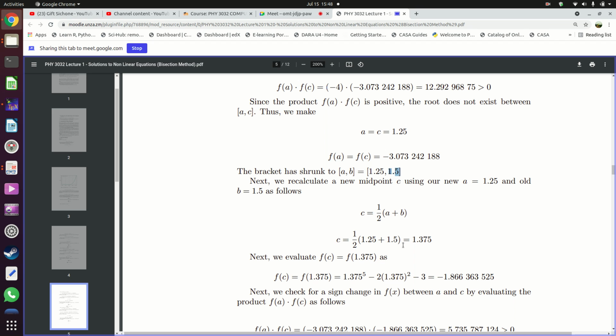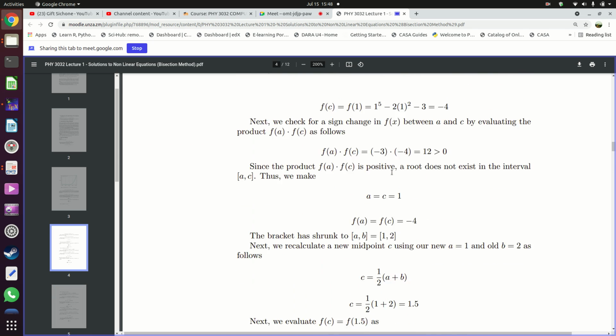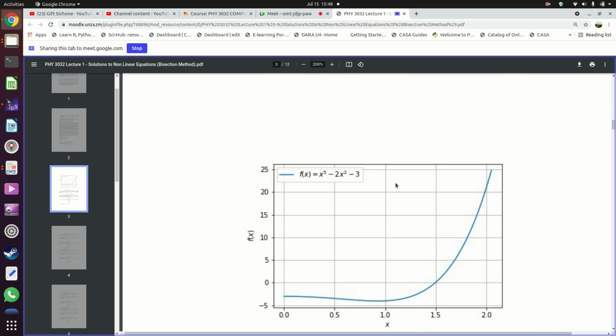Are we seeing the process and what you're doing when you're doing bisection? So now we have a bracket at 1.25 and 1.5. So basically, when you go to your graph, your bracket is now between 1.25 and 1.5.